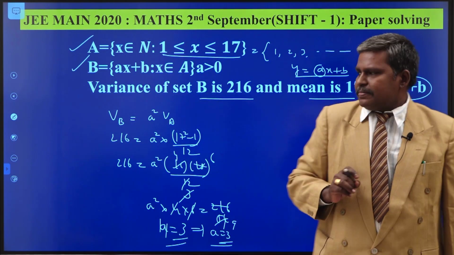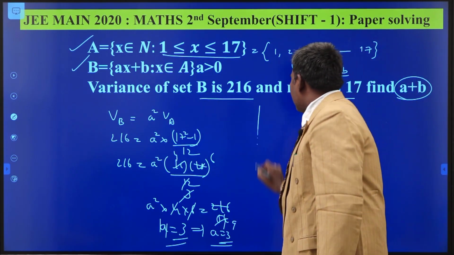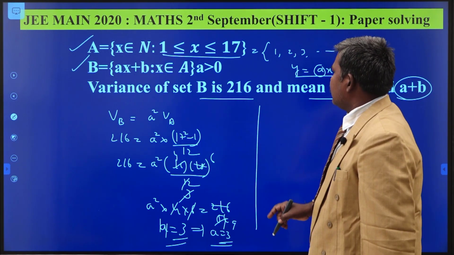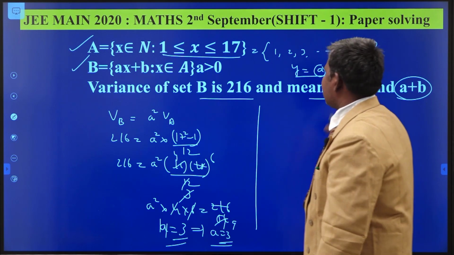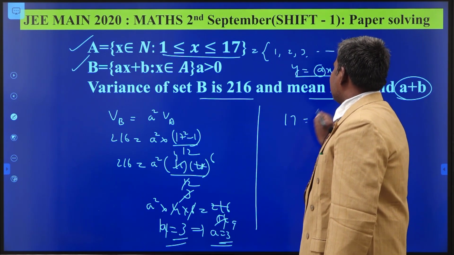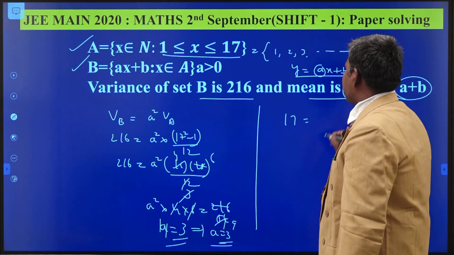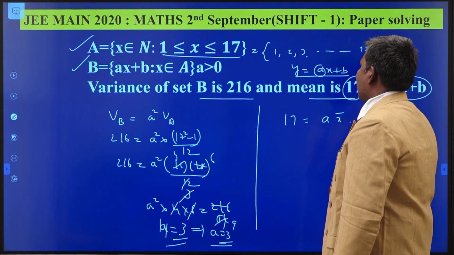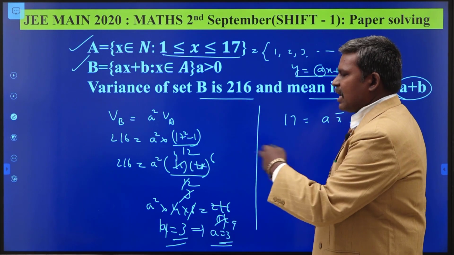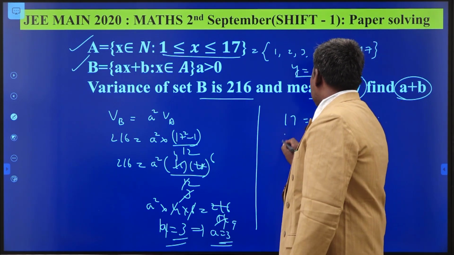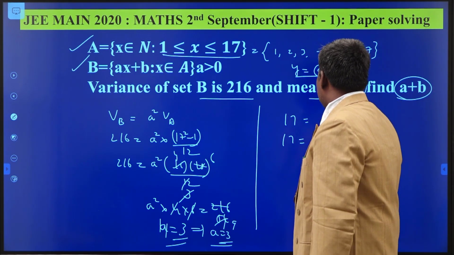So a is 3. And we have to find out the value of b also. For that, the mean is given to you. Mean of ax plus b is what? 17. 17 is equal to mean of ax plus b, which is nothing but a x bar plus b. Simply you can write, you can take bar on both sides, no problem. 17 is equal to 3 times x bar plus b.